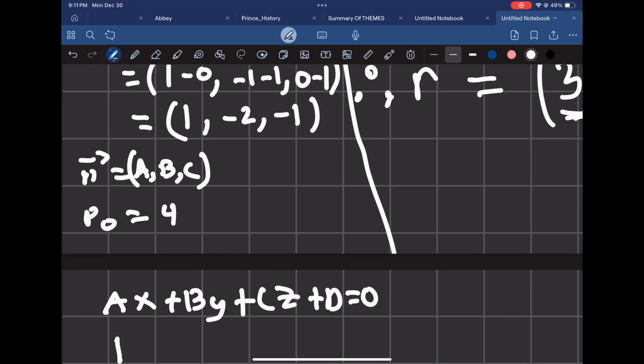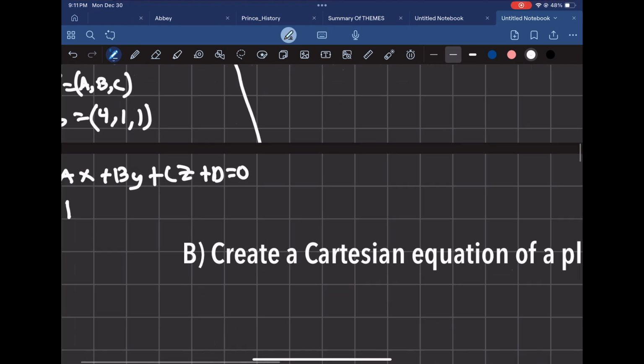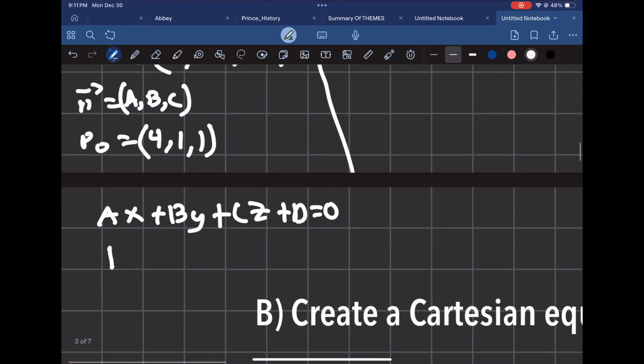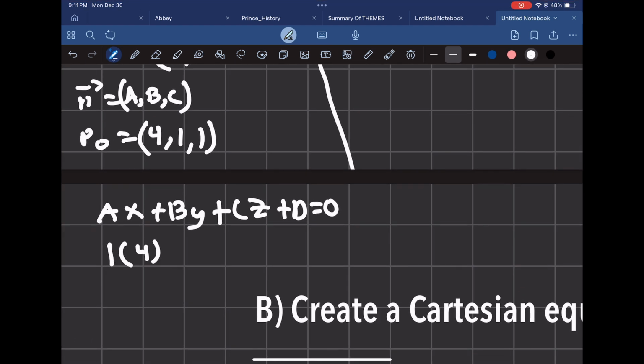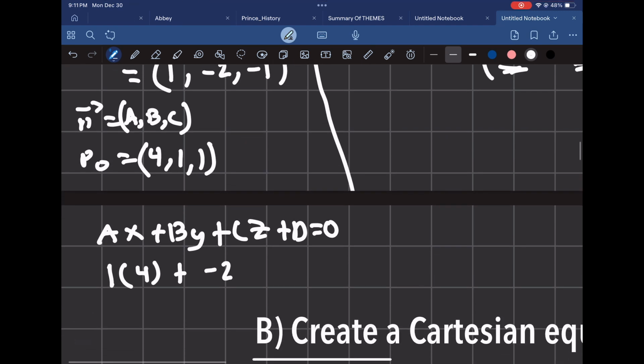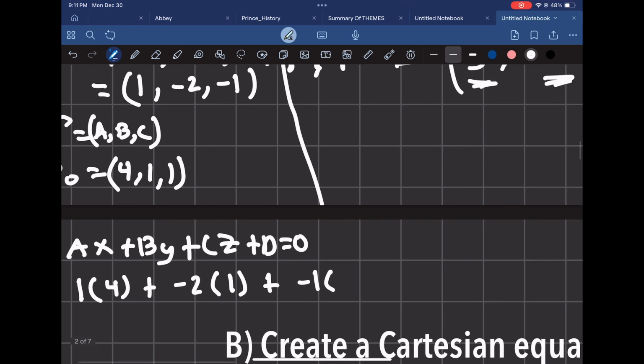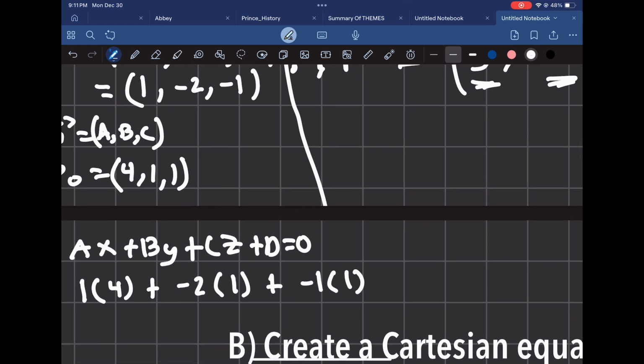So 1 times 4 plus negative 2 times 1 plus negative 1 times 1 plus d equals 0.